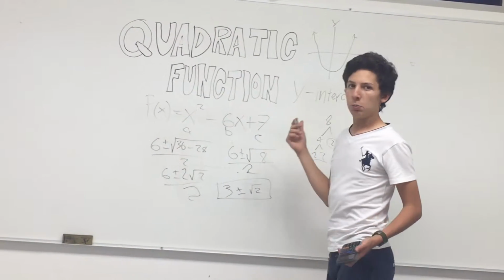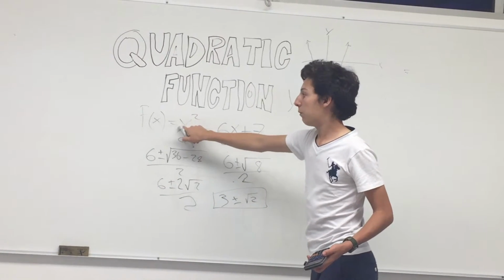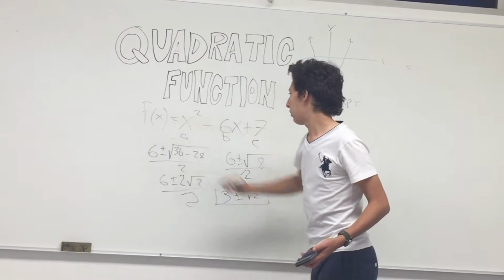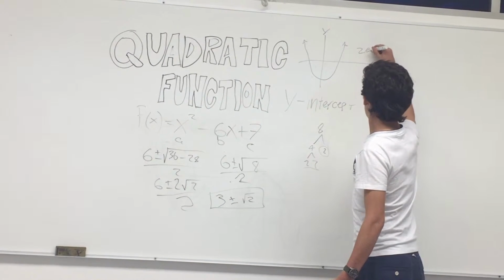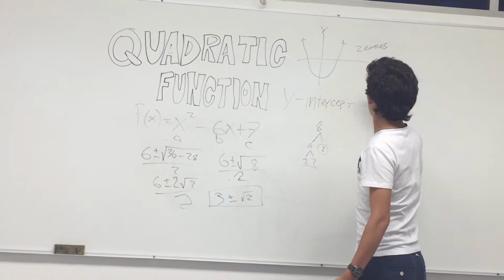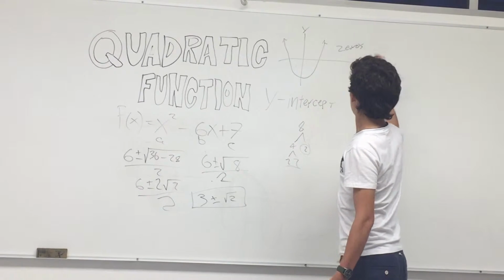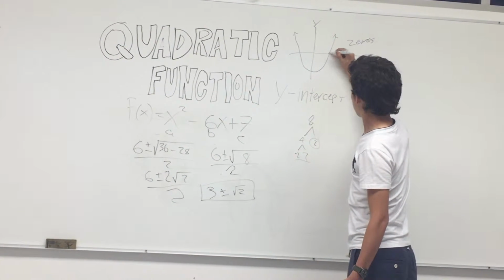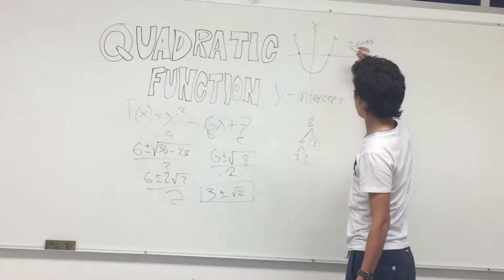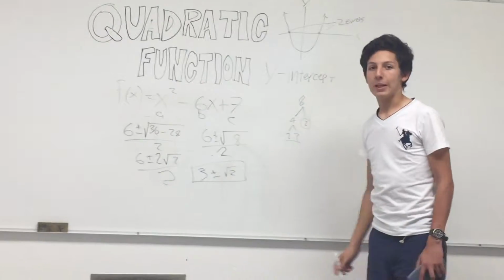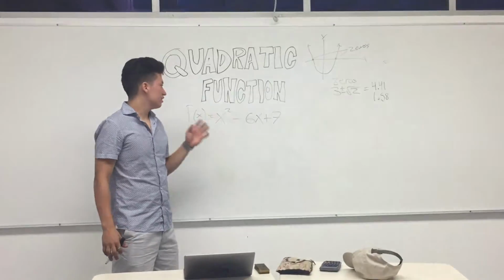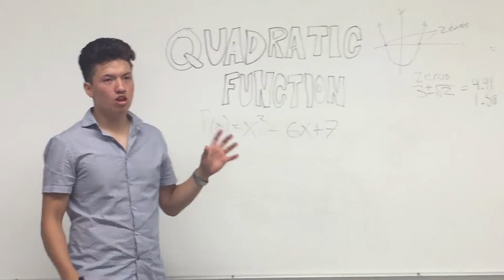We know that it is positive because the sign of a is positive, okay? And so the zeros are these points where it meets the x-axis, right? Right. Thanks. Now, if we want to graph it, we have to know the vertex.